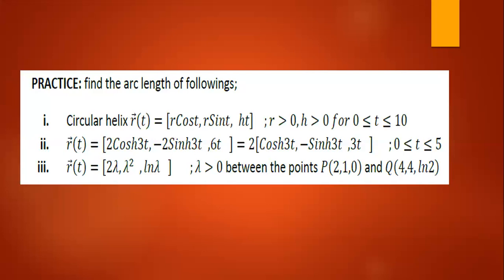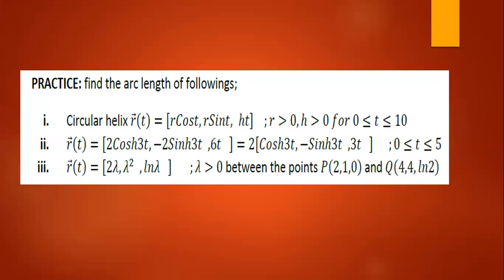Okay, and the second question, r of t is equal to 2 cosh of 3t minus 2 sinh of 3t, for 0 to 6. One thing more: in the previous two questions, we had a position vector in two dimensions, with i and j components.